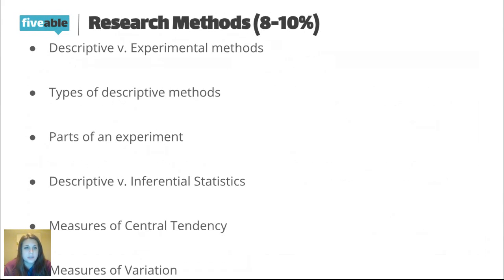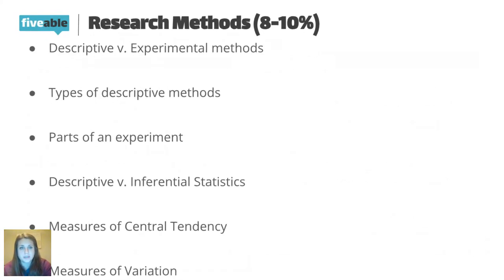And then lastly, measures of variation like standard deviation. So this is a broad list. Again, I'm going to highlight a couple of topics that I think are sometimes confusing and that people struggle with. But if you cover these broad topics, I feel like you should be pretty set for any semester exam or cumulative test.